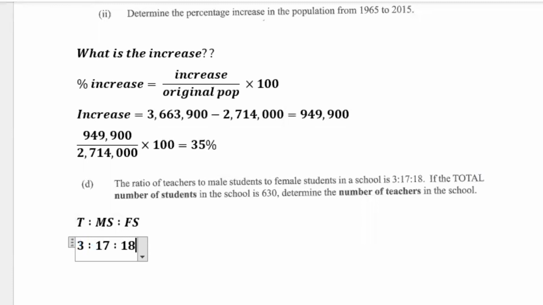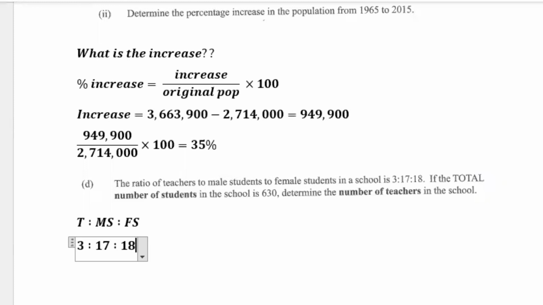By the way, they gave us that the total number of students is 630. What I want you to realize is that even though in the first part they separated male students from female students, they gave the total number of students as 630, and this 630 actually includes both male and female students.